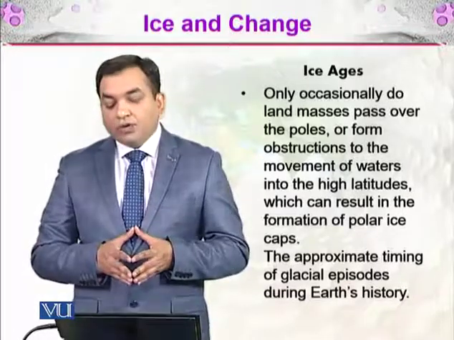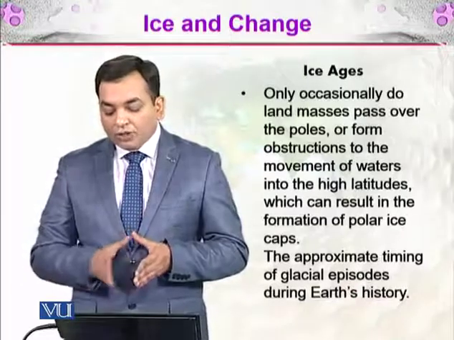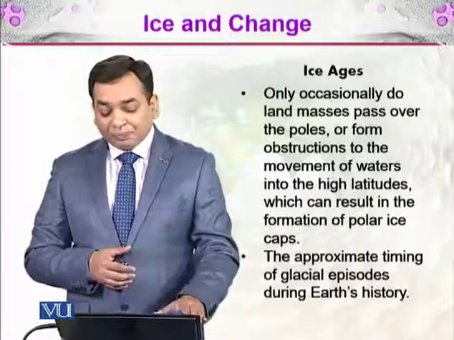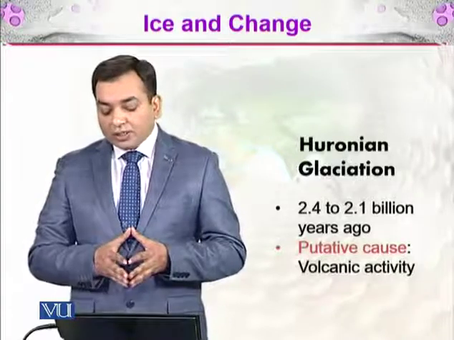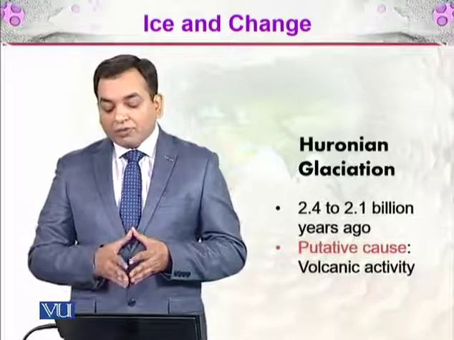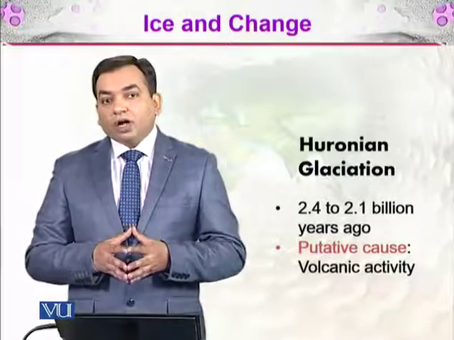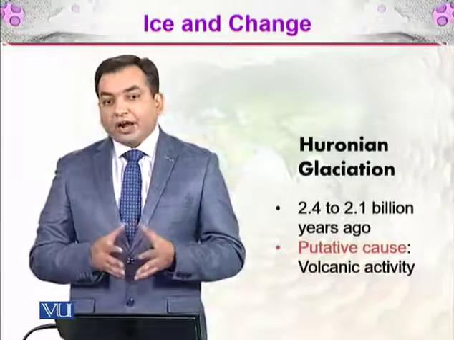We have different events in our past, and we will now discuss the approximate timing of glacial episodes during Earth's history. The first glaciation is the Huronian Glaciation, 2.4 to 2.1 billion years ago. What was the putative cause? The cause was volcanic activity.